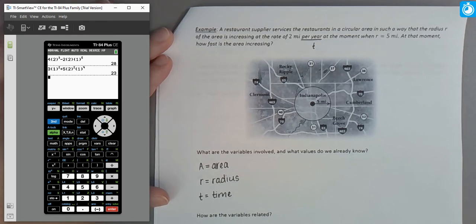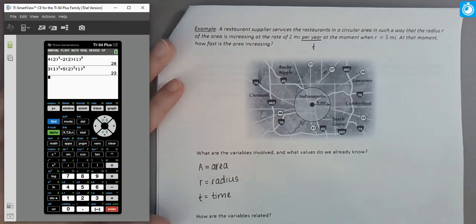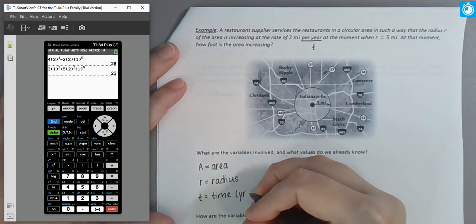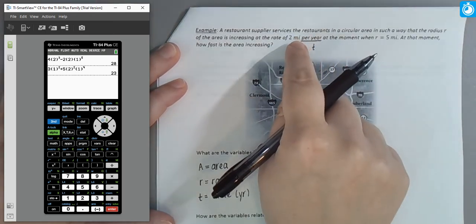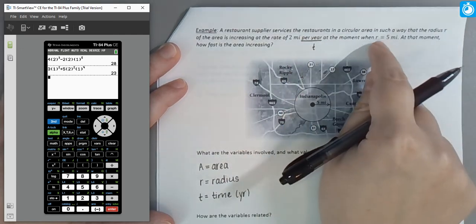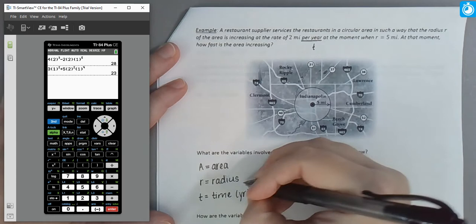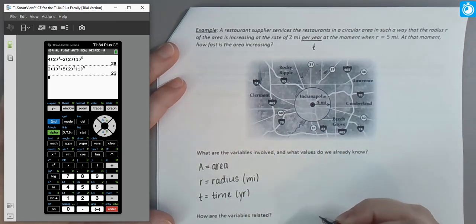So it's going to be helpful to know what all of the units are as well. We've been told that time is in years. So we have a rate per year, so time is going to be in years. Well, what's the radius? We've been given a rate of miles per year, and we've been told that at a specific moment, the moment in question, the radius is 5 miles. So the radius is in miles.